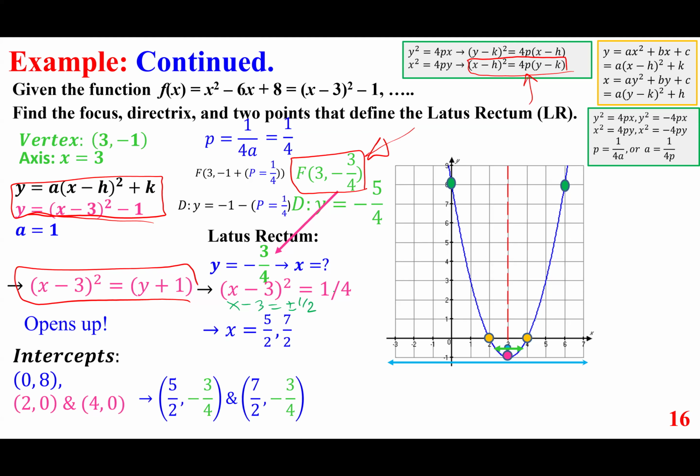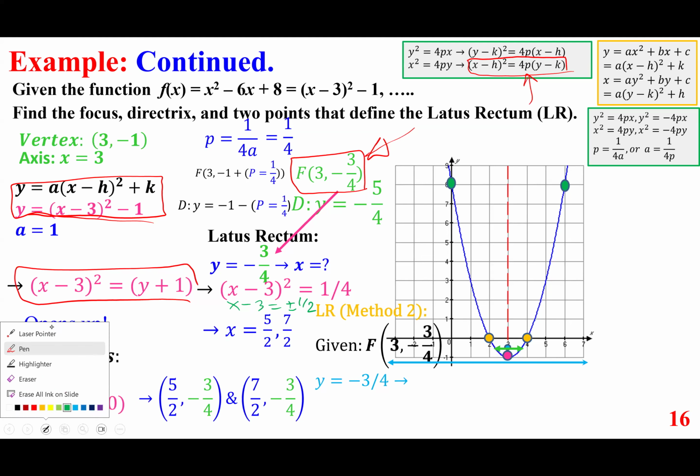However, and this is fine, I'm going to show you a different method. The LR, left and right method. This is the second method. You choose the one that is easier for you. We already have the focus at (3, -3/4). We have the focus, so we can go to the right and left to figure it out, which means we have the same y coordinate, and we're going to add plus or minus 2p.